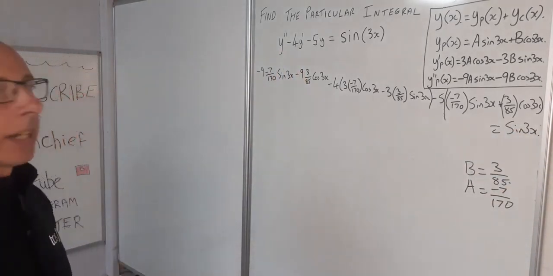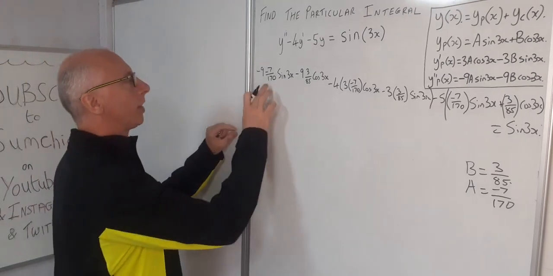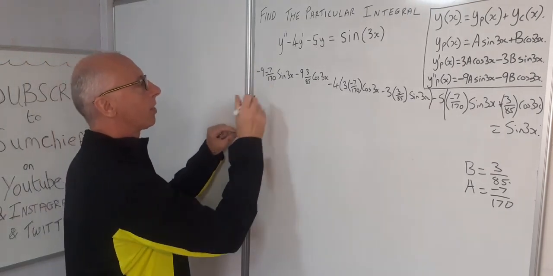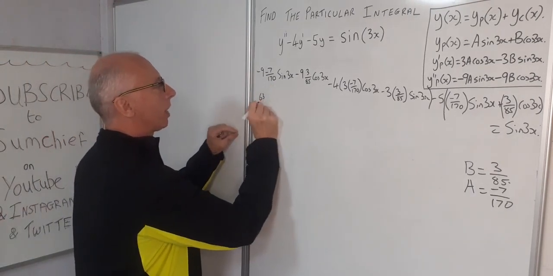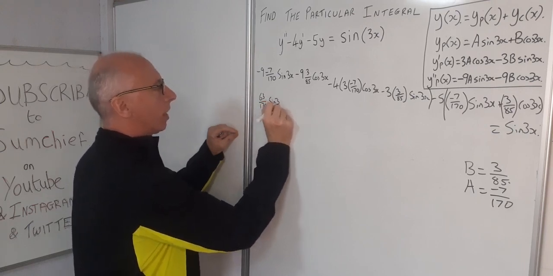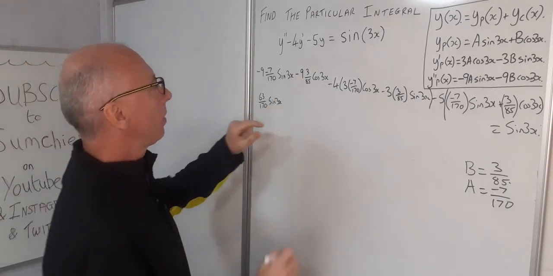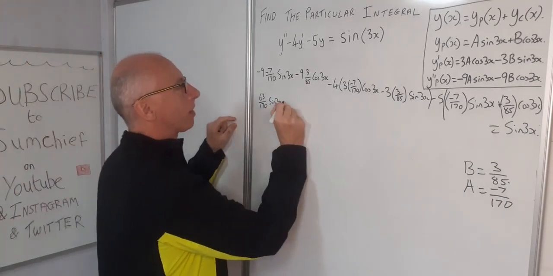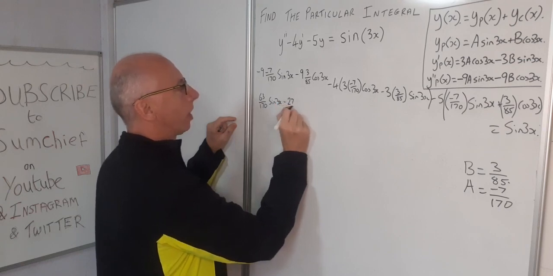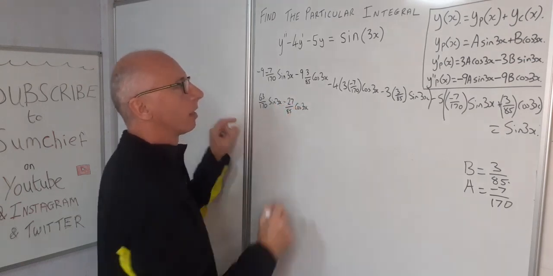Okay. Now we've got to get our best arithmetic again for this. So minus 9 times minus 7, so that's 63 over 170 sine 3x. Minus 9 times 3 over 85, so that's minus 27 over 85 cosine 3x.